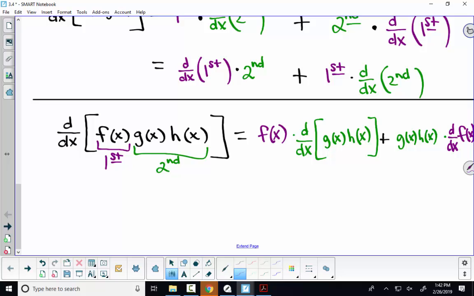Yeah, so that's the product rule applied. So that's what I need to do, right? It's a product, there's my product rule. Then I look, as a result of my product rule, what other derivatives do I have to find?